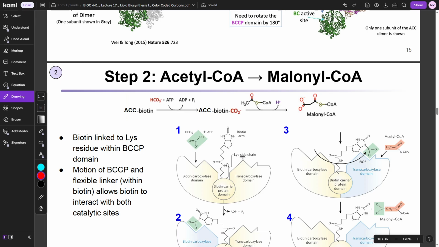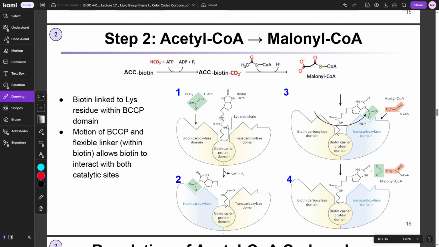Yes, okay, cool. So, basically this occurs in like 4 steps. We first have to make the acetyl-CoA into its activated intermediate, which is malonyl-CoA. And the way that we do this is through acetyl-CoA carboxylase, like I said.